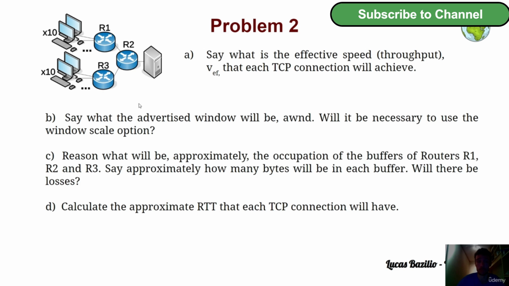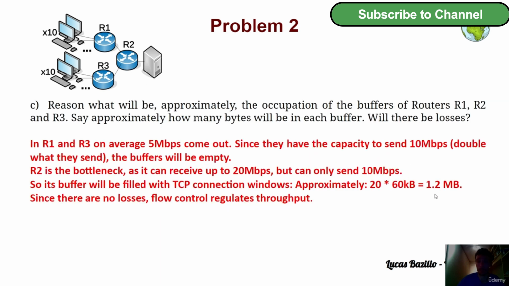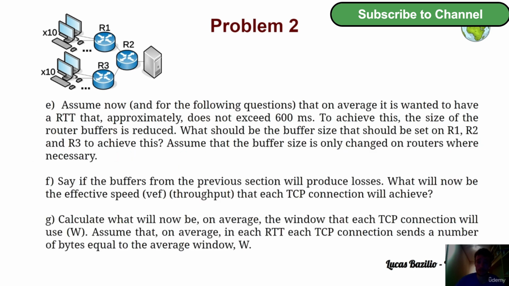In fact, we saw that the buffer occupation of router 1 is empty, of router 3 is empty, and on router 2 it was 1.2 megabytes. So now in this question, it is evident that we are only going to reduce the size on router 2, the only one that we can reduce. Routers 1 and 3 will not be affected by the statement in question E.